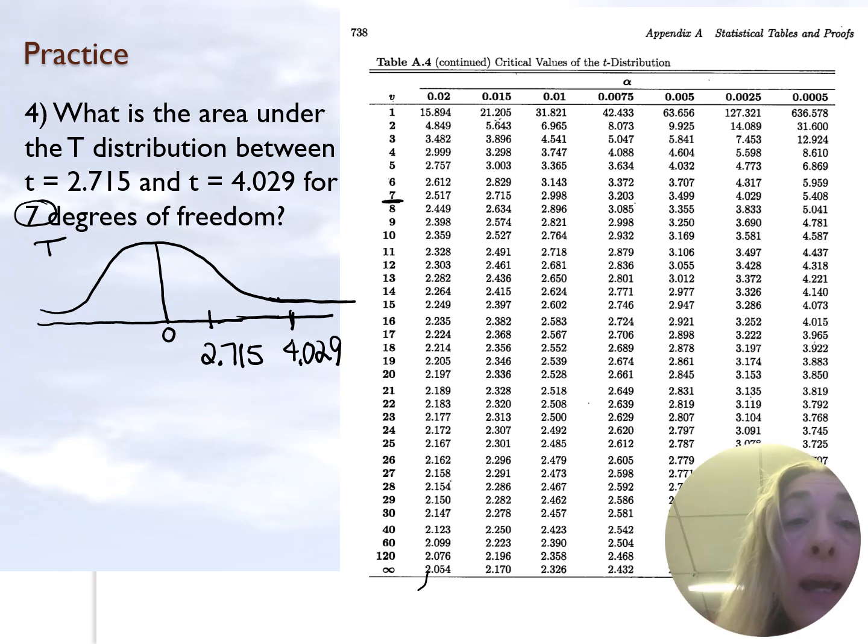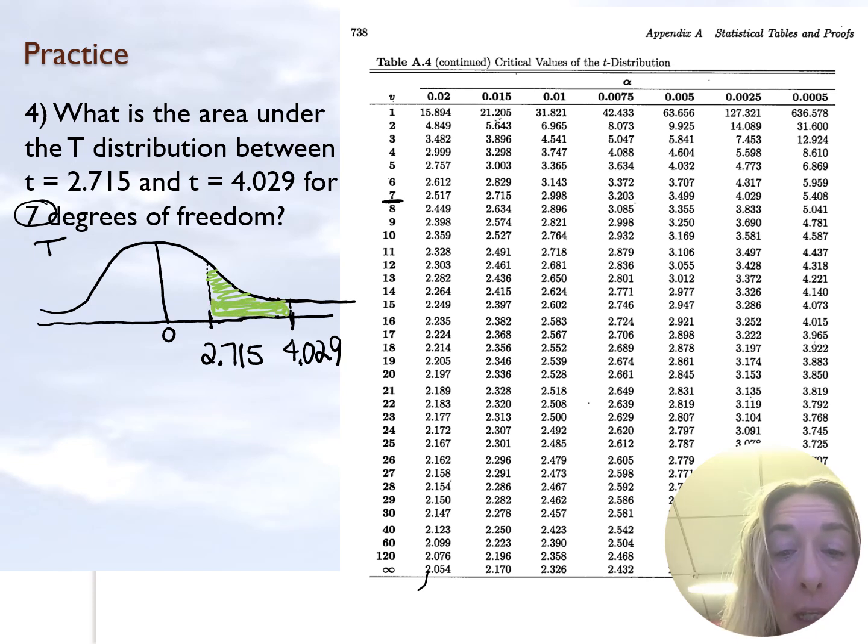So it's asking us for the area under the curve between these 2 values of t. So this is the area that it's asking us for, and I'm going to highlight this in green here. This is what we are trying to solve for.